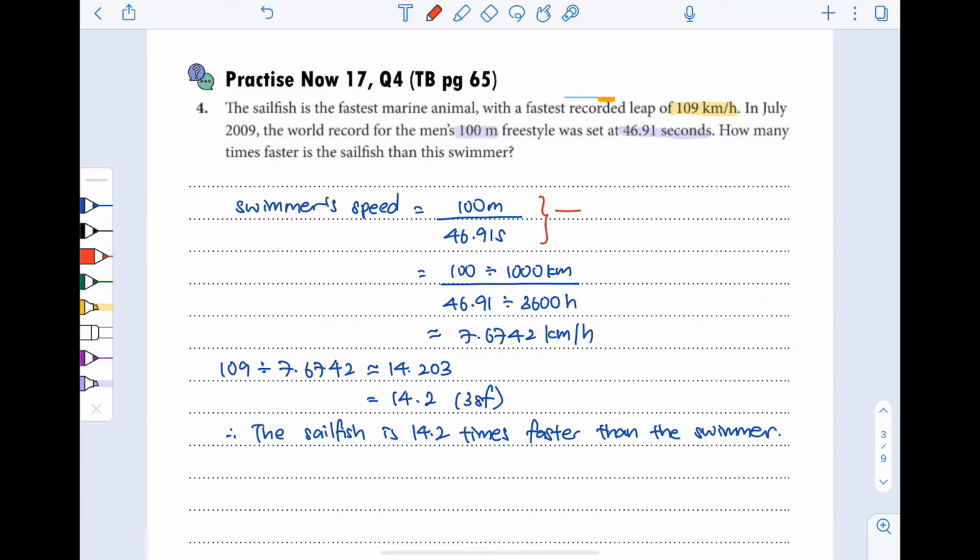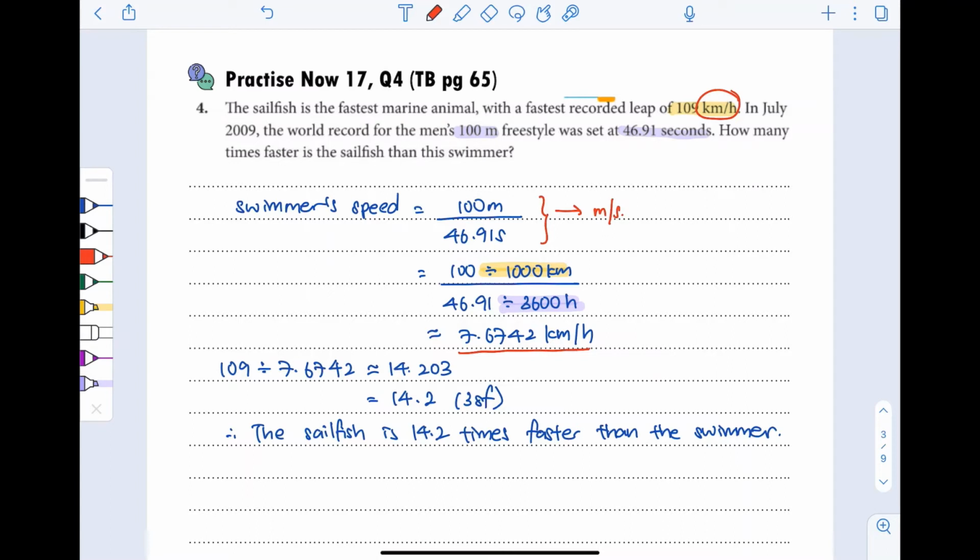This will give us a unit of meters per second, but our sailfish speed is in kilometers per hour. Hence, we do the conversion into kilometers per hour accordingly in the numerator and in the denominator, such that we recognize that the swimmer's speed is 7.6742 kilometers per hour.